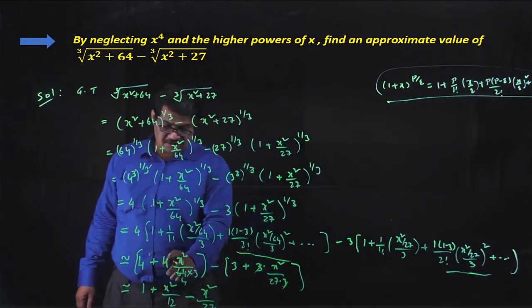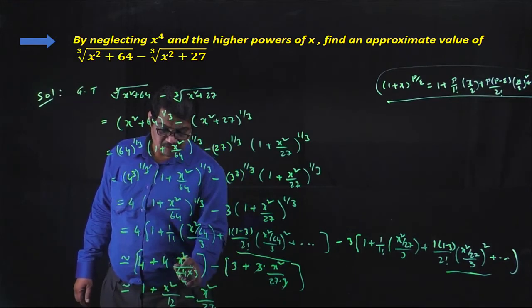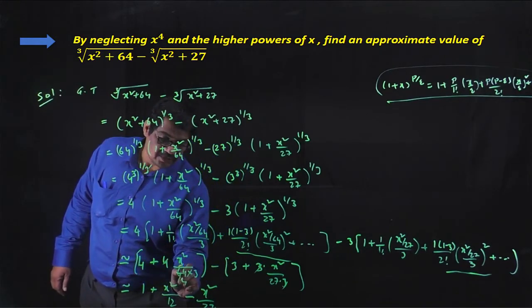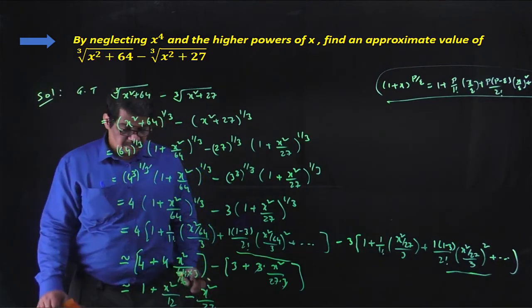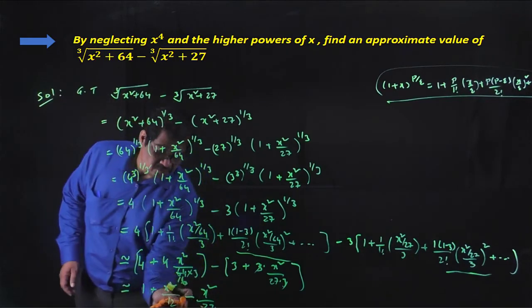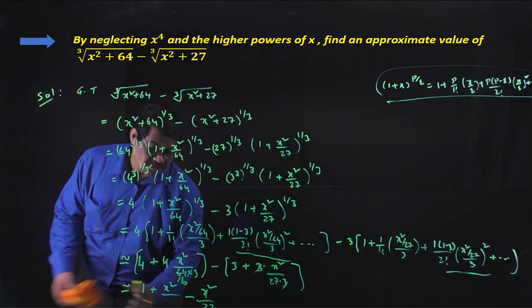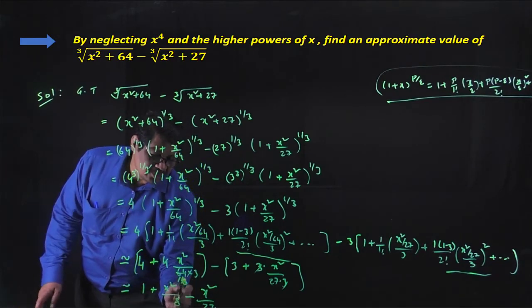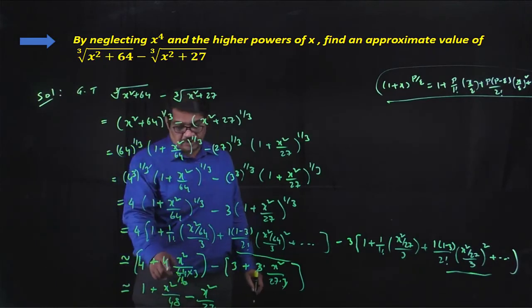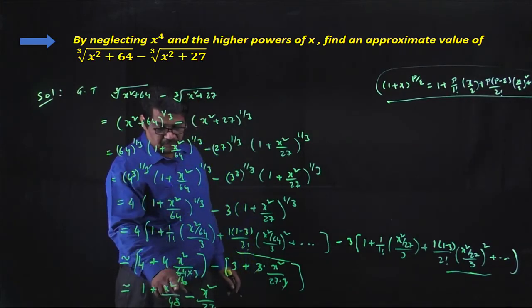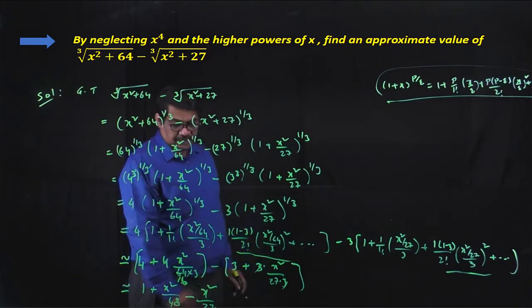So here 64 is 4 16s, we are getting 16. So 16 3s are 48. So this is x square by 48 minus x square by 27.